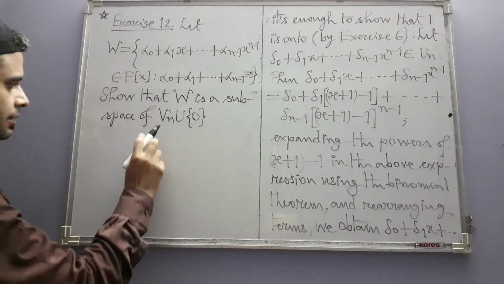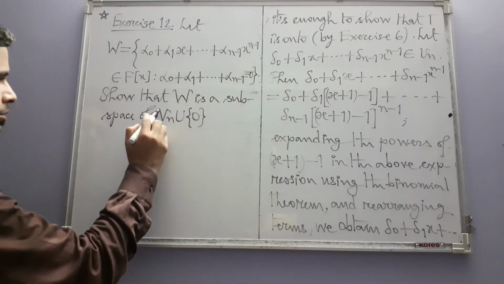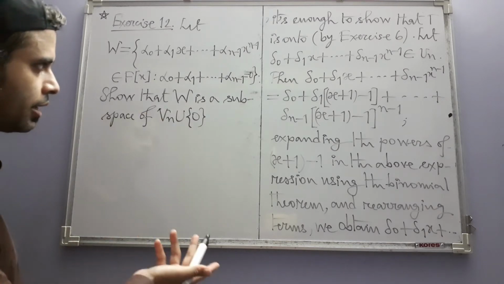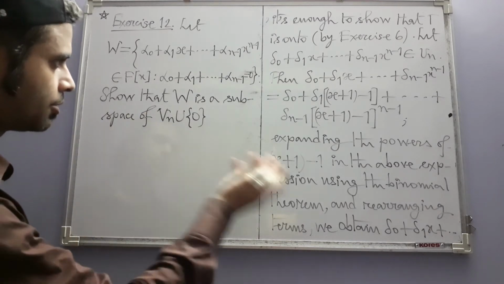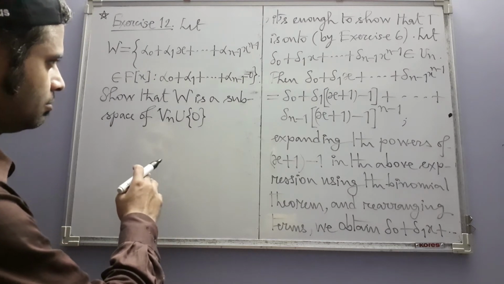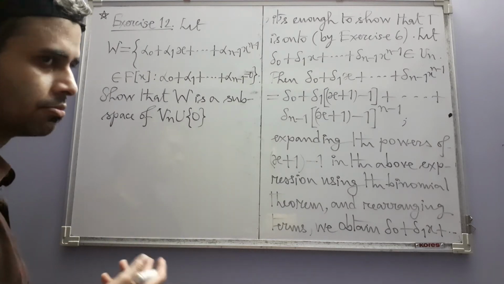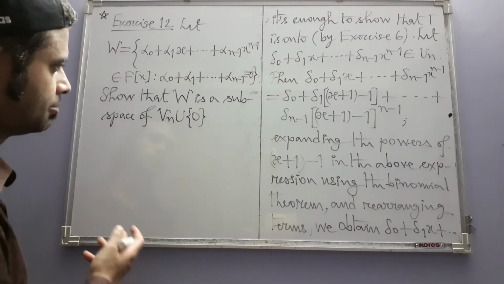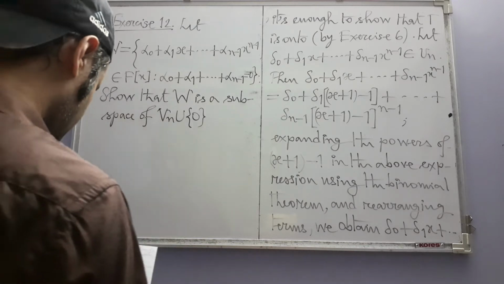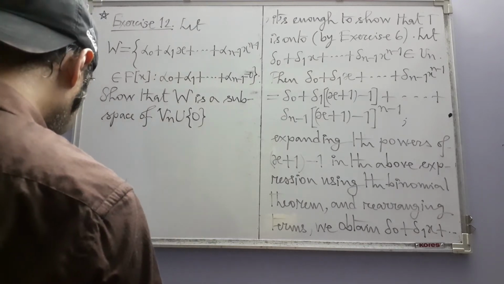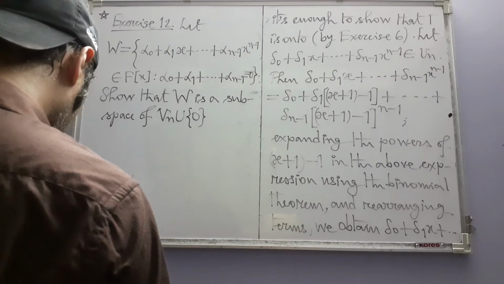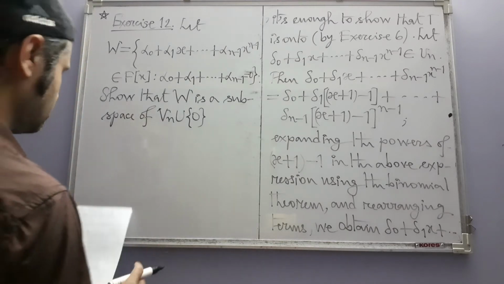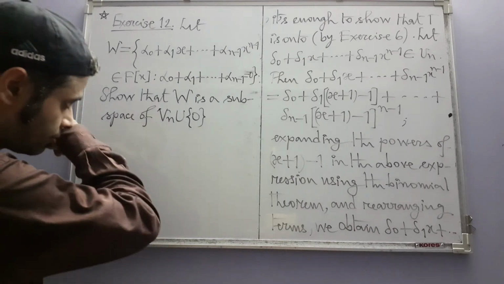If you want, you can write Un also here, but if you suddenly look at this exercise and forget about the previous one, then Un may confuse you, because there is no Un. I mean, what is Un? So instead we write like this, and find a basis of W over F.